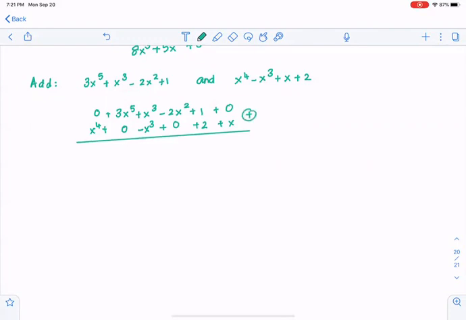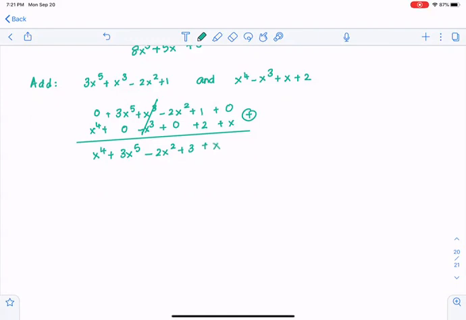Then we add 0 plus x raised 4 is x raised 4. 3x raised 5 plus 0 is 3x raised 5. Those two will get cancelled. Negative 2x squared plus 0 is negative 2x squared. 1 plus 2 is 3. 0 plus x is x.